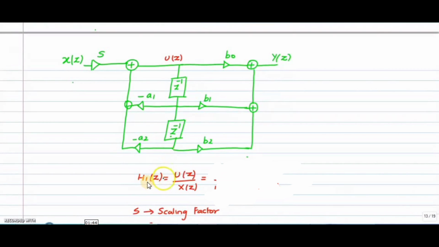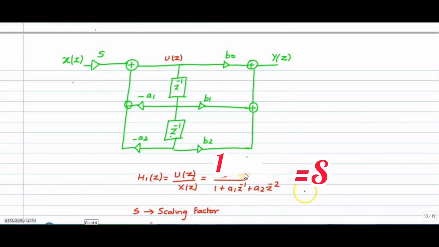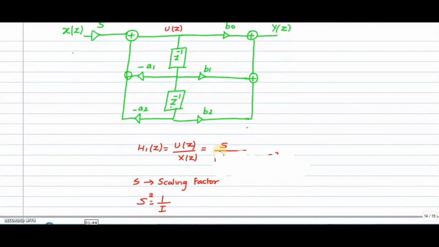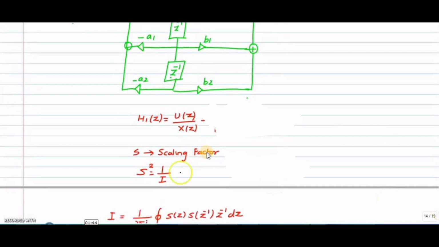So I can write H1 of z is equal to U of z divided by X of z, that is equal to S divided by 1 plus a1 into z power minus 1 plus a2 into z power minus 2. So you will get the equation like this, and here the S represents the scaling factor.